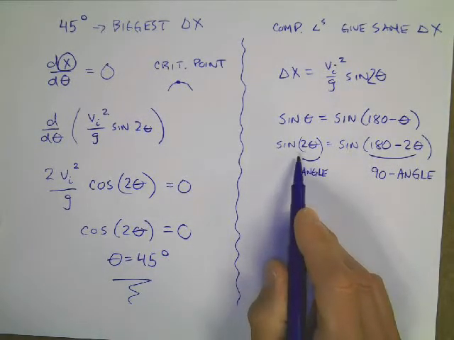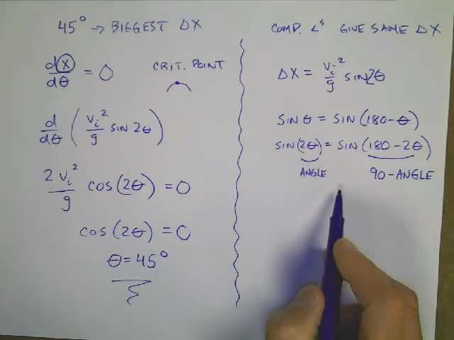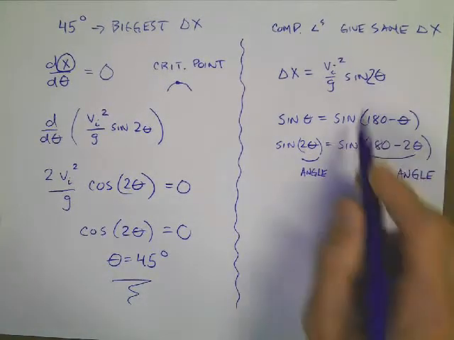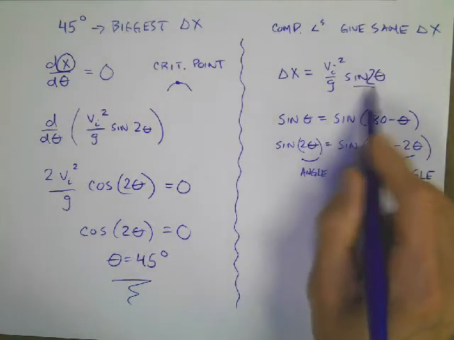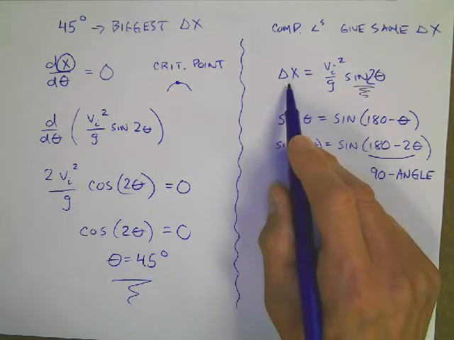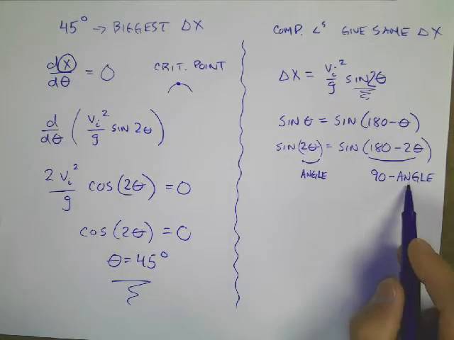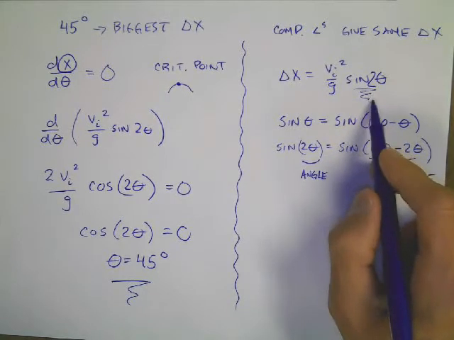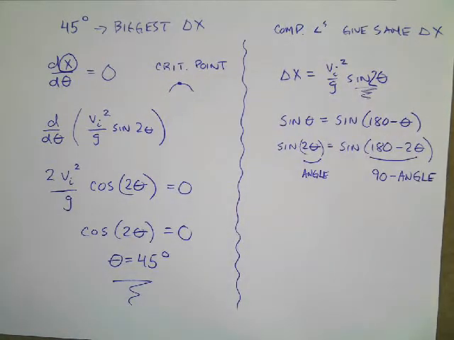I don't know, that's kind of awkward to say it that way, a slightly awkward case to make, but the point is that if you plug in an angle here for sine 2 theta and calculate the range, plugging in 90 minus that angle back into that expression is going to give you the exact same range.